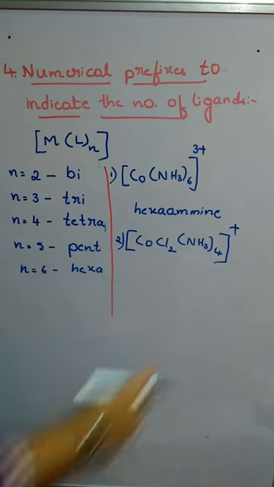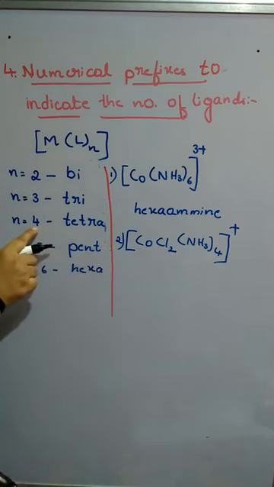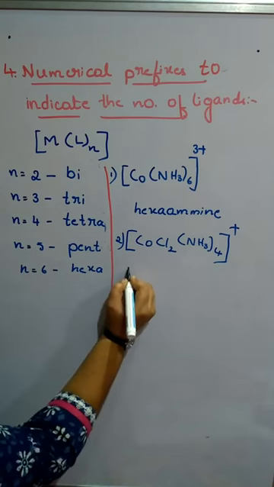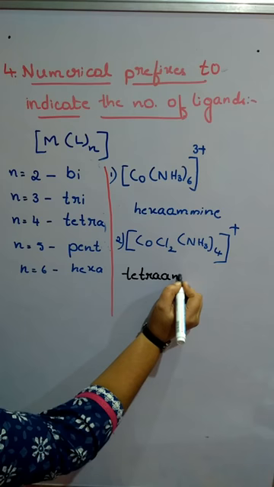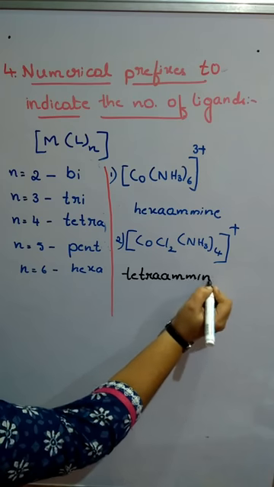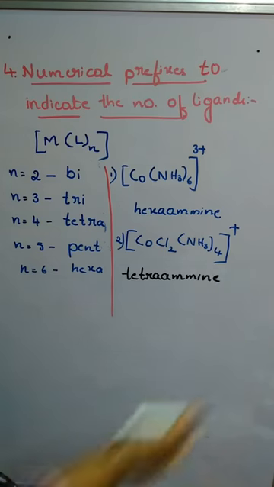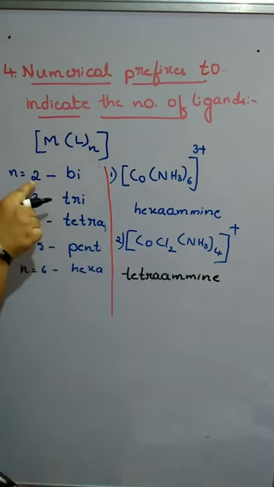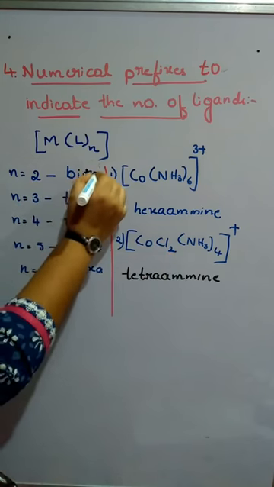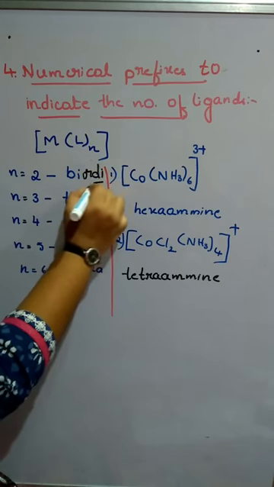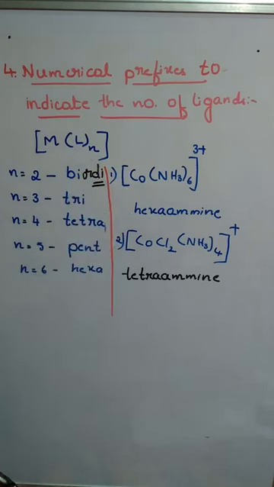How many amine groups are there? Four groups. If it is 4, the name should start with tetra. So it is tetramine, followed by 2, which is di.